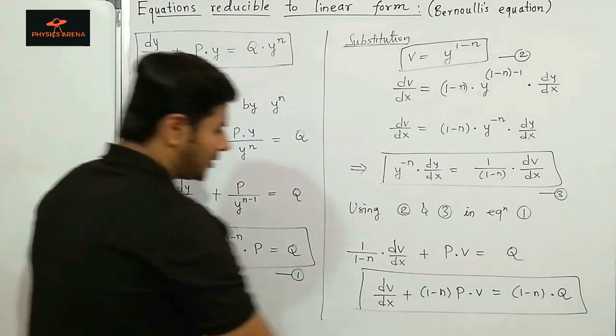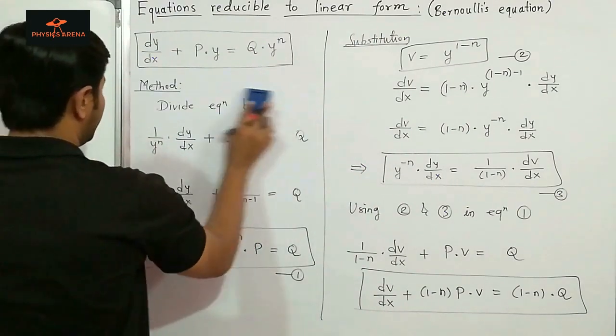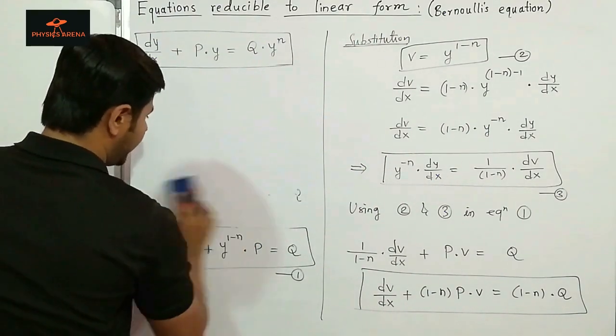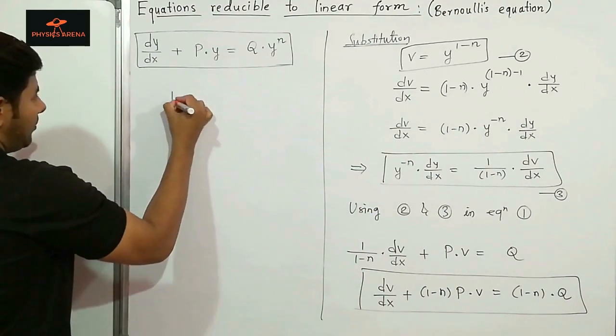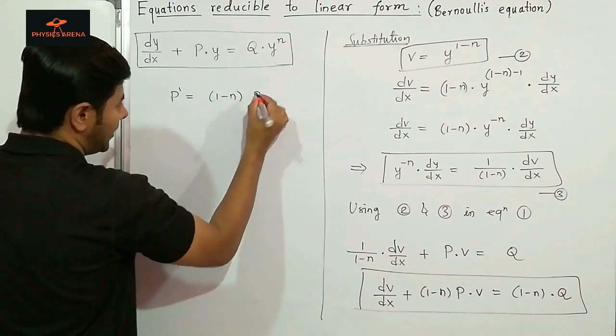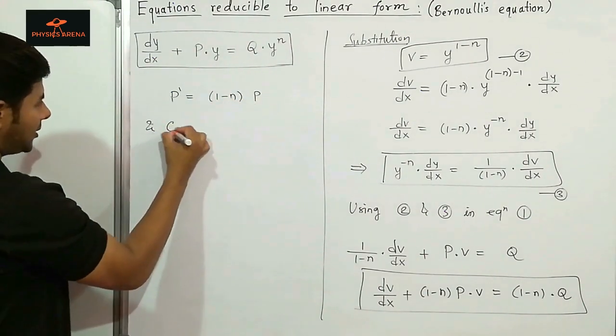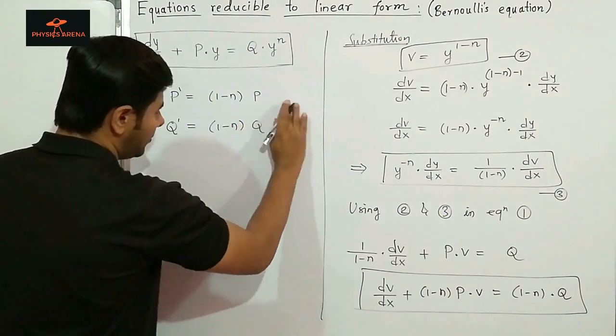Now we can just rewrite this term and this term. So I can write that p prime equals to 1 minus n multiplied by p, and q prime equals to 1 minus n multiplied by q.